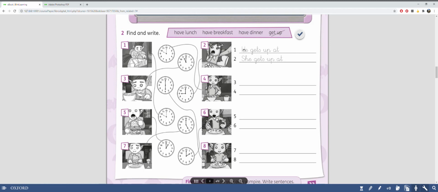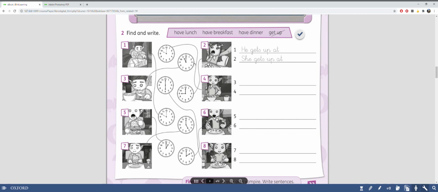So we need to write a sentence like here. He gets up, she gets up. But also we have to write the time. This is difficult. Do you remember how to write the time? For example, it's like with an o'clock.